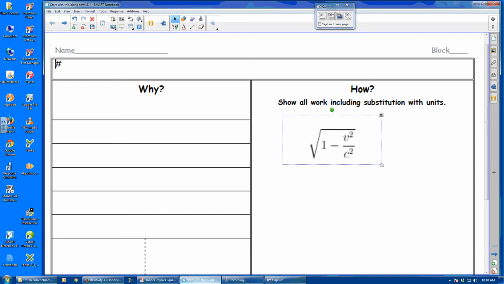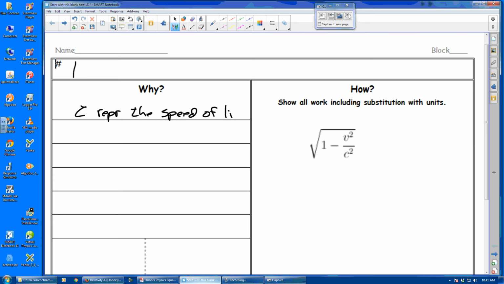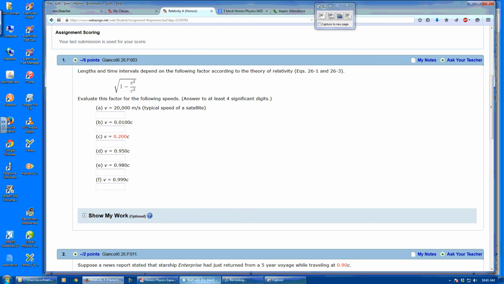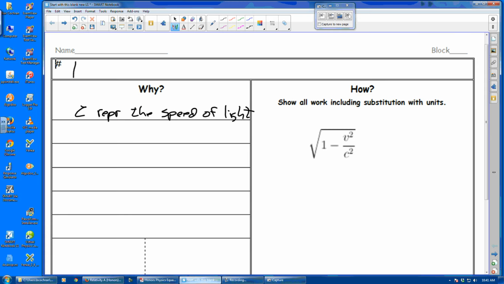But in my y here, there really isn't much of a y, except probably showing that c represents the speed of light. And then I think that's about it. This is just giving you practice at the mathematical side of it. So there really isn't much y here.